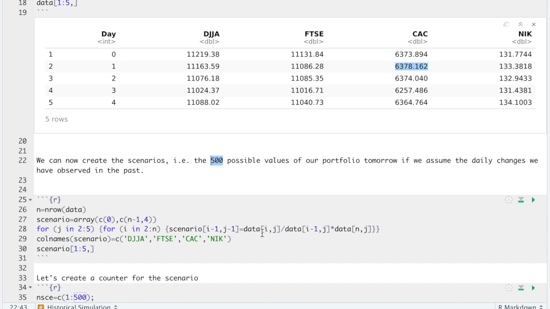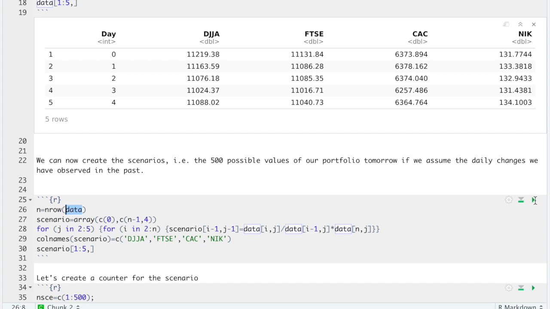And this is this part of our code. And we then multiply this variation for the value of the different indices today, and today is day n, that corresponds to our last day in the dataset, which is day 500.